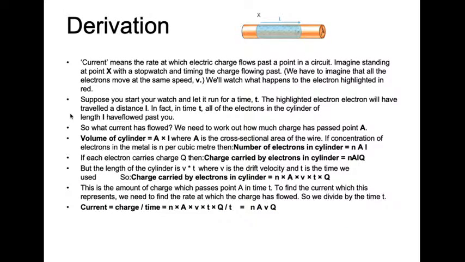All right, where does this fancy formula come from? We can derive it using this cylindrical wire, which is what we're going to be working with most often. Current in amps is the electric charge flowing past a certain point per second. So if we're at X and we're counting how many charges go past per second, almost think of it like a river.